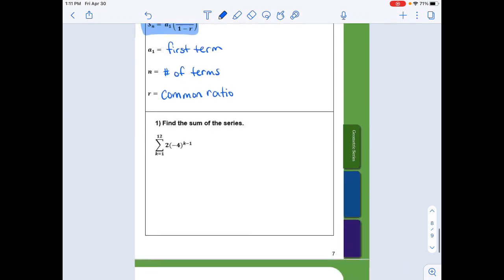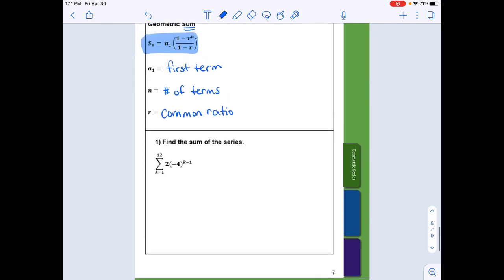So we're going to jump right into problem 1, find the sum of the series. We need to decide what a sub 1 is, what r is, and what n is based on what we are given. It might be easiest to simply write out the first few terms in our series.